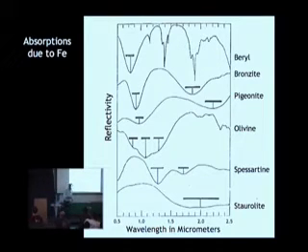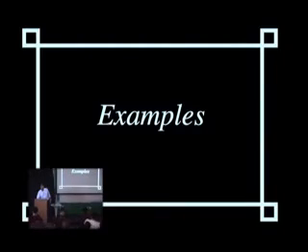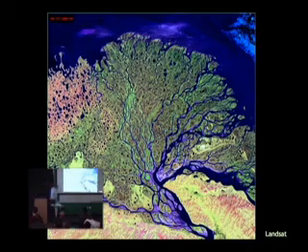If a mineral doesn't have iron in it, like quartz, for example, that's why it's colorless, because there are no elements in there that can interact with the photons and have energy levels at the right appropriate levels to absorb the visible light. Okay, so it works great for iron-bearing minerals, but the world isn't necessarily covered with iron-bearing minerals. Okay, all right, so that's the end of the physics lesson.